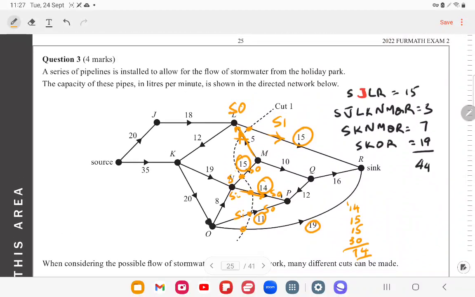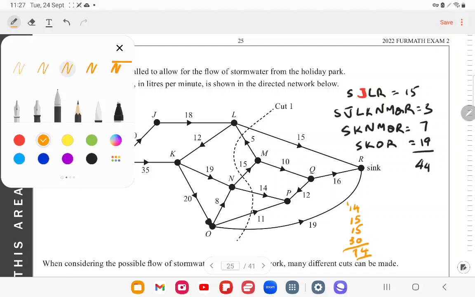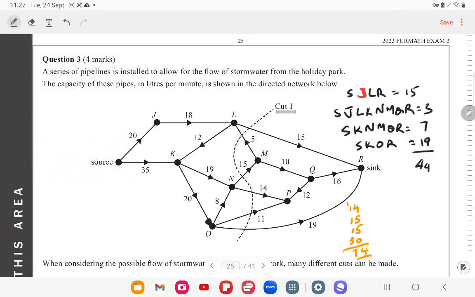For some of you who get confused between the sink and the source side, all you have to do is maybe using a color pencil, sketch one side of the cut, and the gray area is the sink side and the white area is the source side.